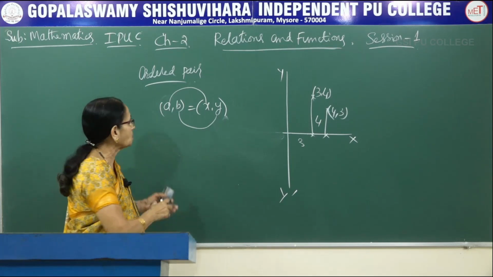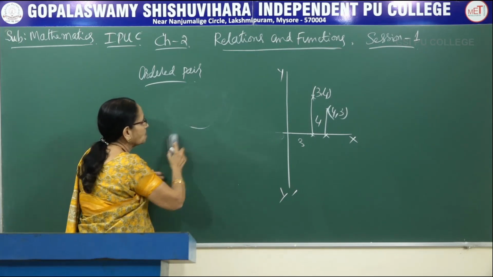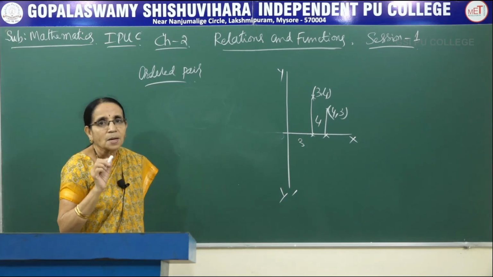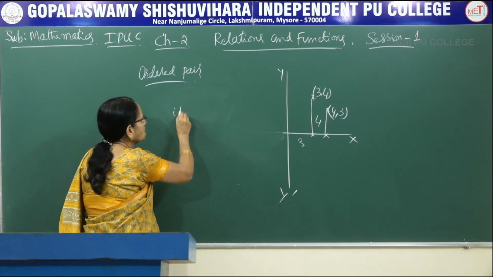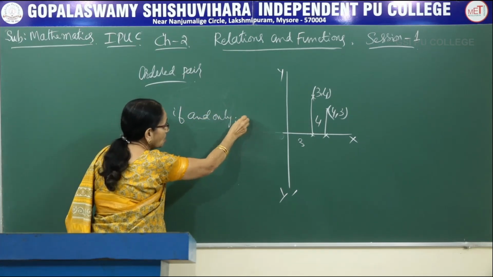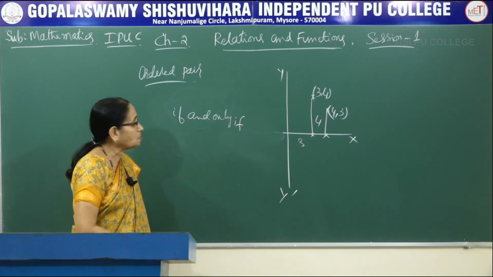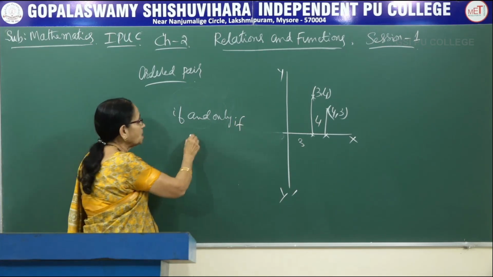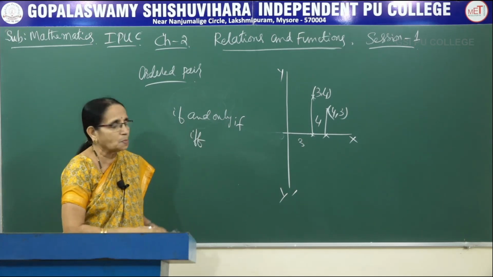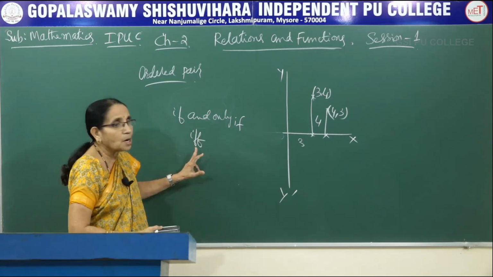So how do you say that? Two ordered pairs are equal to each other if and only if, something we come across rather often in many concepts. If and only if means that this is true both ways. In short, we write it as iff, and we read it as "if and only if".